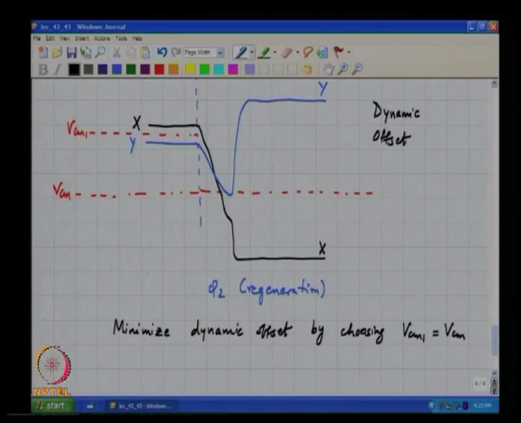Is this clear? So, this is a good strategy to choose, and often simulations of dynamic offset are done using Monte Carlo type analysis, where you put in device and process mismatch and keep putting in signals which are straddling the threshold. If you put too large an input difference, the output decision will indeed be correct.